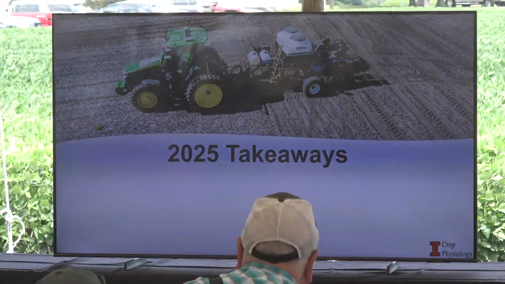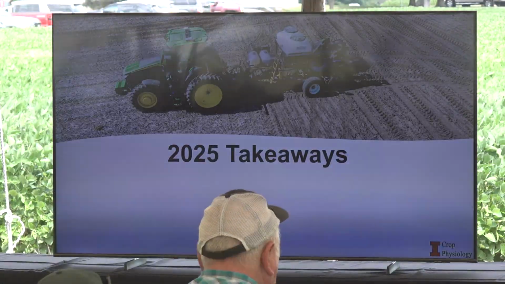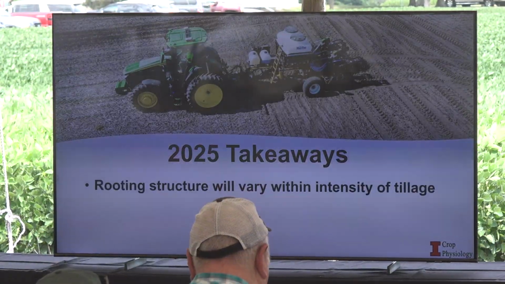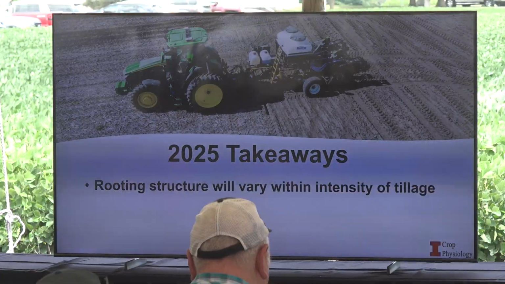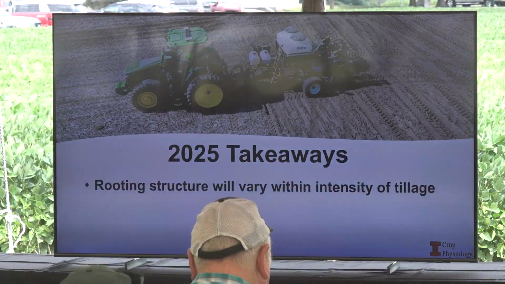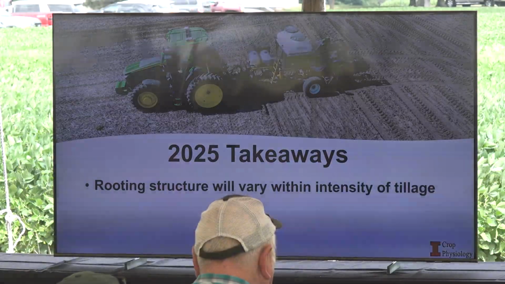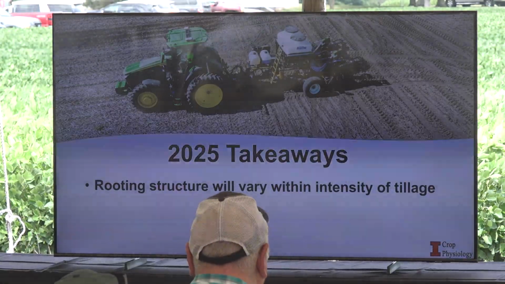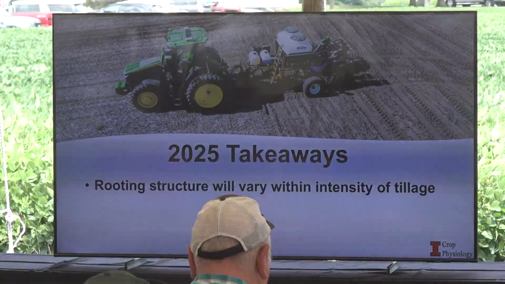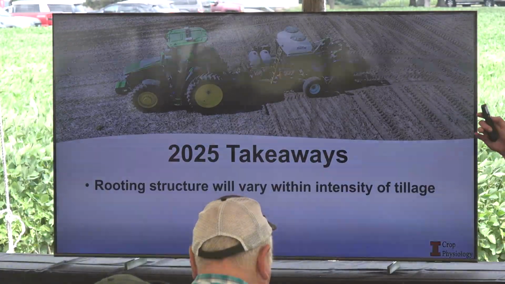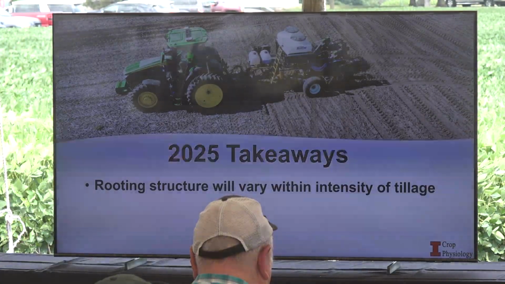In 2025, our hopeful takeaway from this trial is that we find rooting structure that we can use to pick out treatments that will help better select the hybrid. What we found from past years is that our rooting structure will vary with the intensity of tillage, depending on Coulter, which is more aggressive, versus the shank, which is less aggressive.